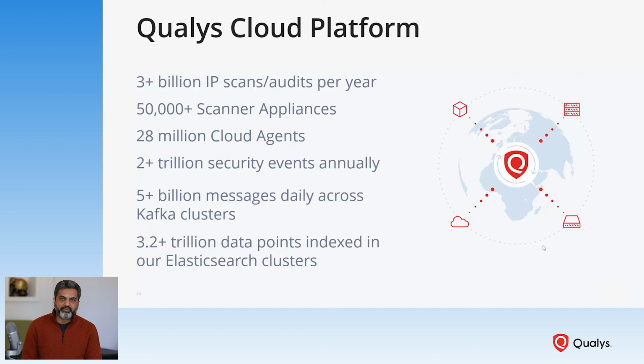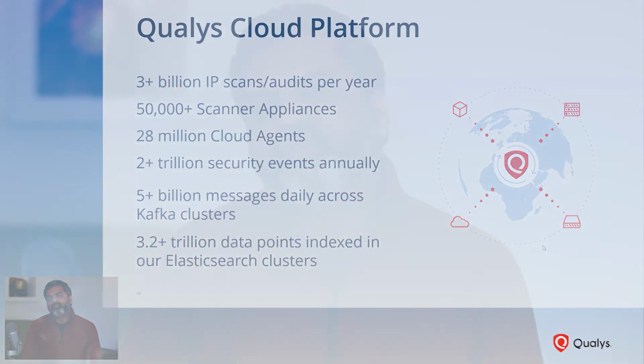Our engineering team has gone through our own digital transformation of the platform. So with that, we are able to index trillions of data points in Elasticsearch. We're doing billions of messages in Kafka. And that's why, as you saw in the demo, we are able to bring that type of speed and agility to figuring out what the threats in the environment are, even though we are crunching through a huge number of data points here.